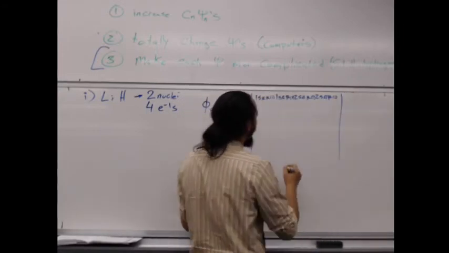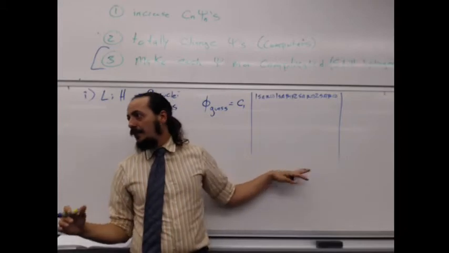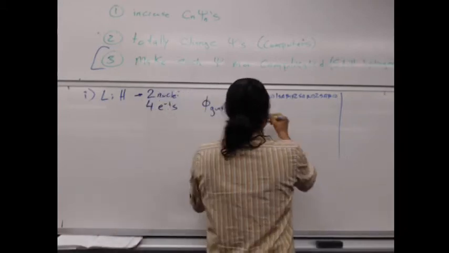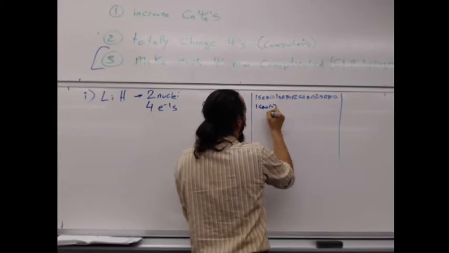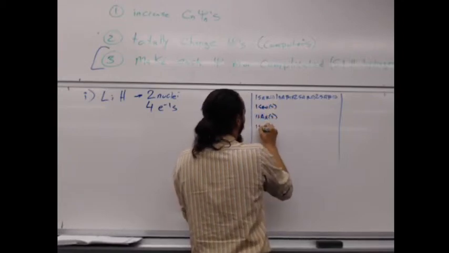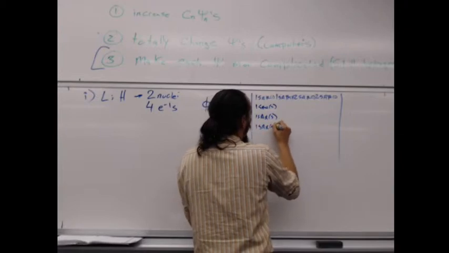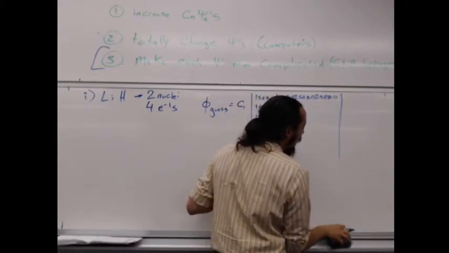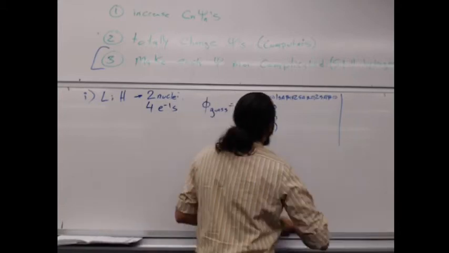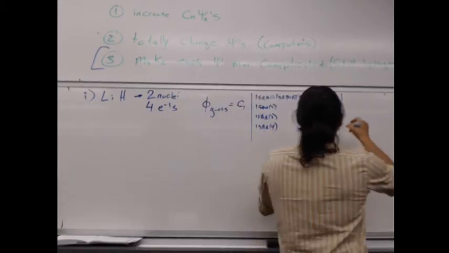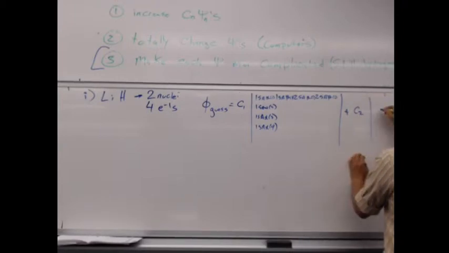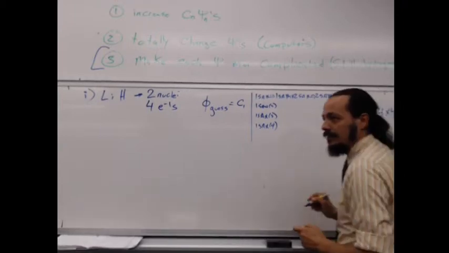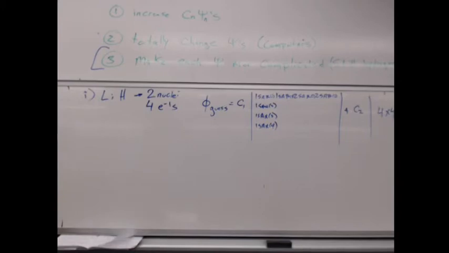Essentially what I'd have to do is make an entire 4 by 4 of this. So then I'd have my 1s alpha 2, my 1s alpha 3, and my 1s alpha 4. This would be for a 2 electron case. We haven't seen something like this yet, but I could fill this all out, and then I would have plus C2, and I would have another 4 by 4 matrix here. That's one way I could make it more complicated.